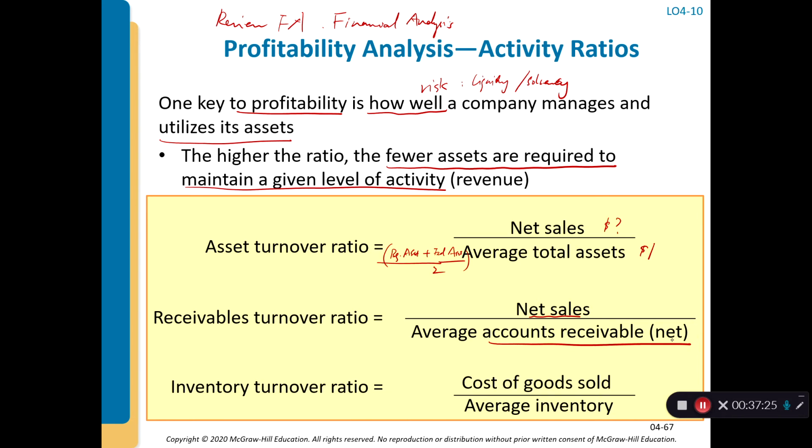This ratio is an indication of a company's efficiency in collecting cash from customers. It shows the number of times during a period that the average accounts receivable balance is collected. The higher the ratio, the shorter the average time needed to collect cash from the customer. And the inventory ratio is how fast the inventory is being sold. I will talk about these two ratios in detail.